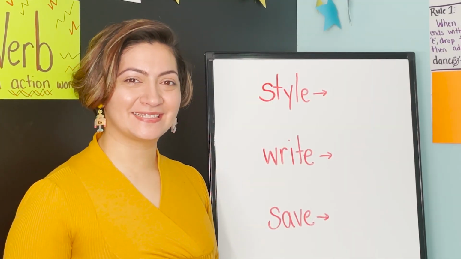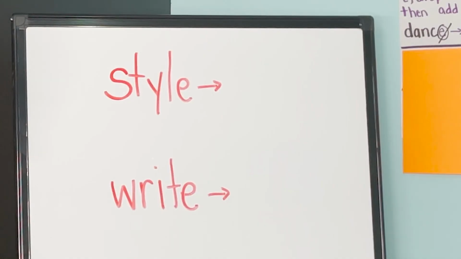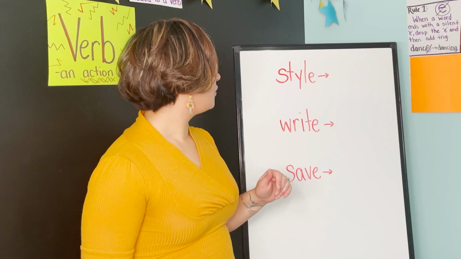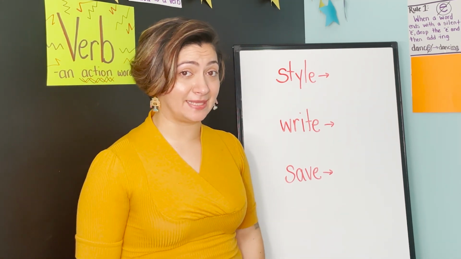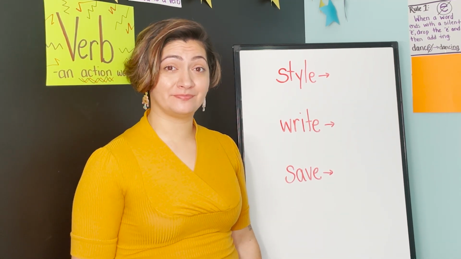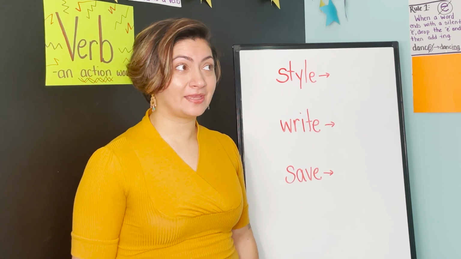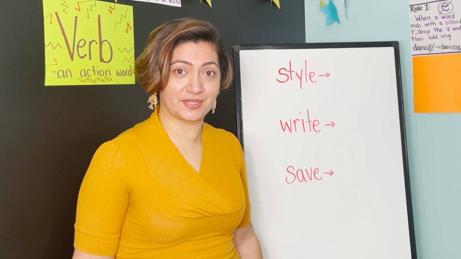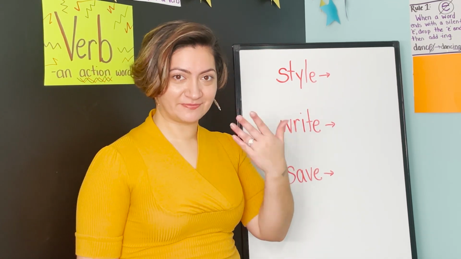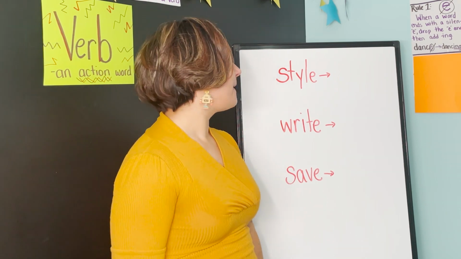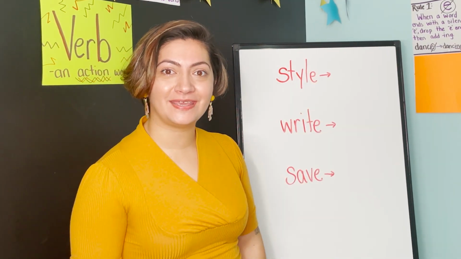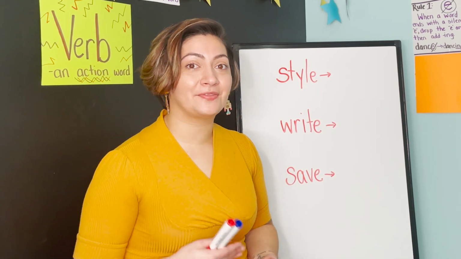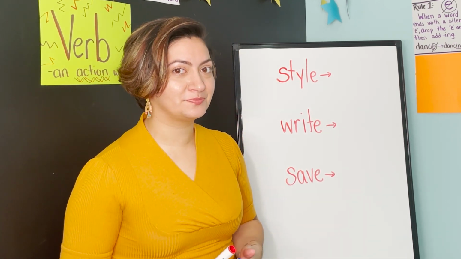All right, scholars. So here's our next word. The word is style. We are going to change the word style by adding the suffix ing. Our word will become styling. Like she is styling her hair for the dance. Maybe she's putting lots of curls in it. Style ends with a what? A silent E. So in order for us to add the ing, what do we need to do?